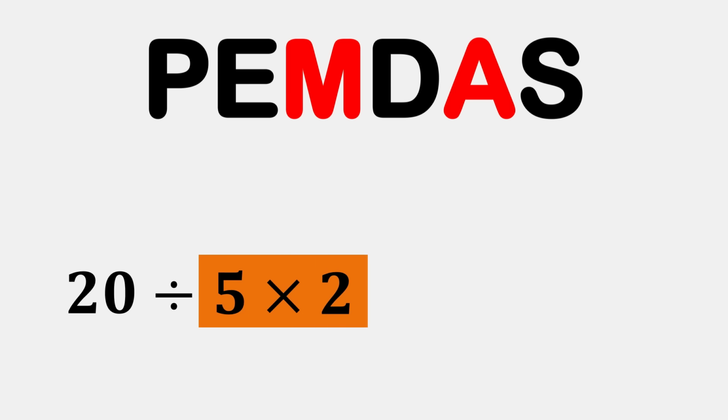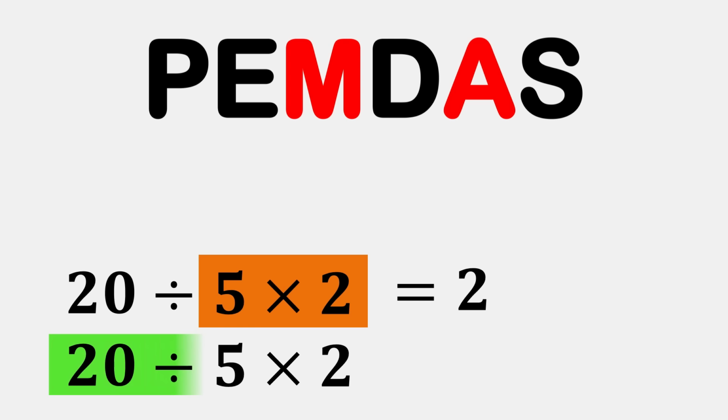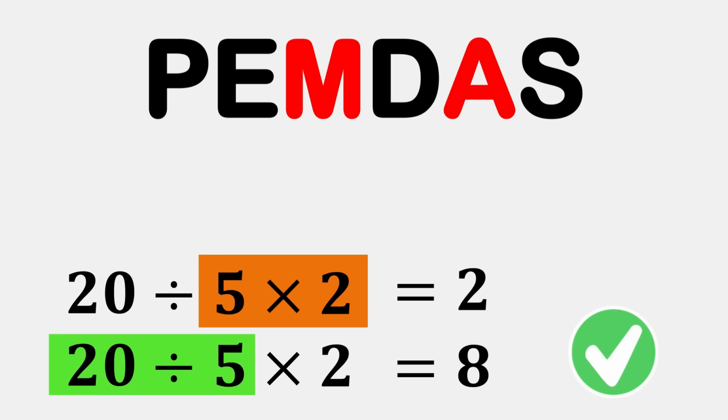If you multiply 5 by 2 first, you get 10, and 20 divided by 10 is 2. But that's wrong. According to PEMDAS, they have equal priority. So we start from the left. 20 divided by 5 is 4, and 4 times 2 is 8. That's the correct answer. You see? Ignoring the order leads to two completely different results.